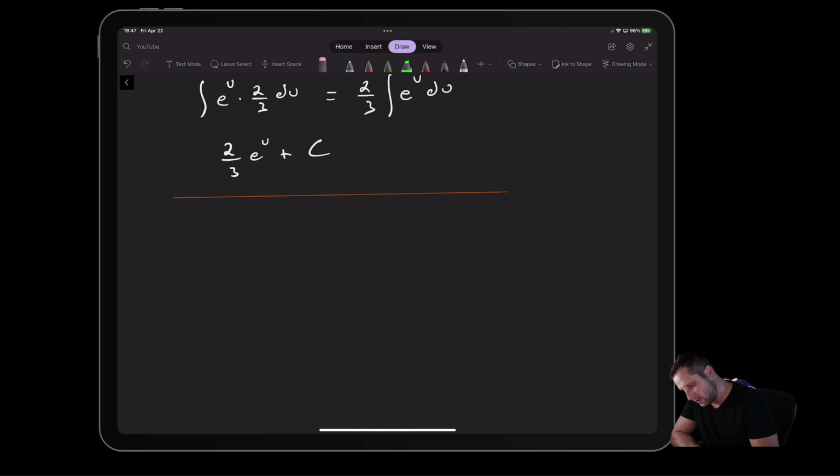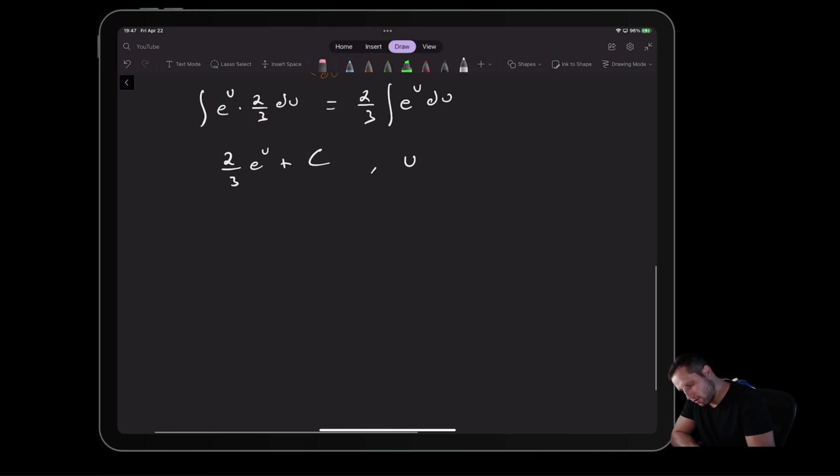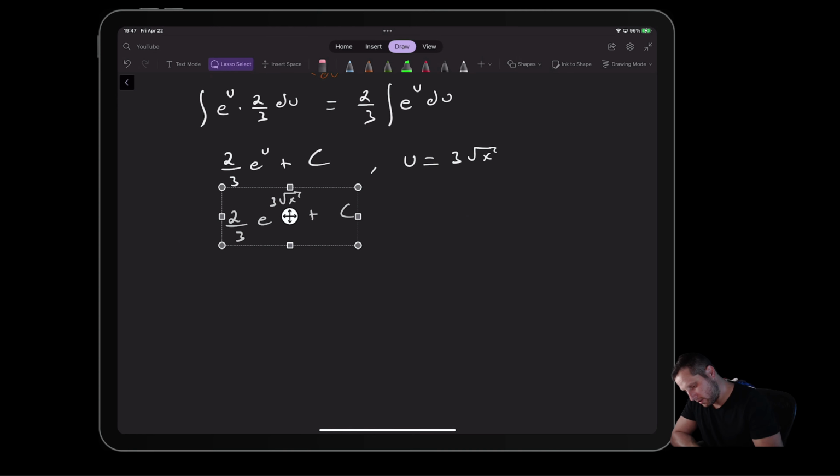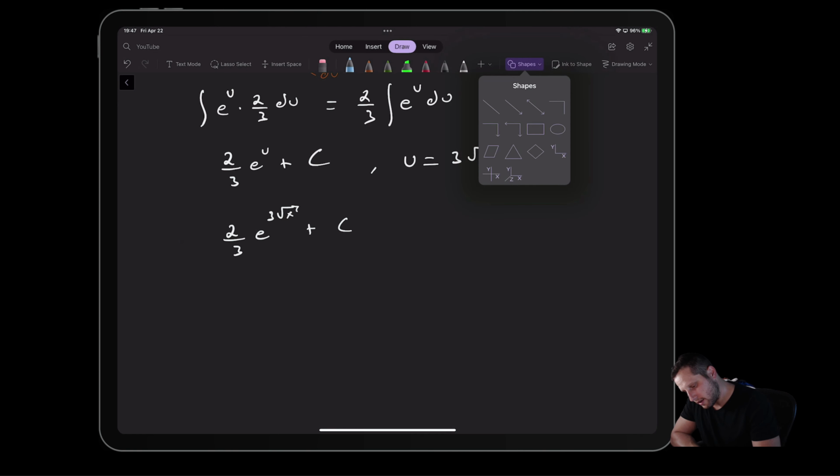I almost messed that up. So we have to go back in and back sub for our u is equal to 3 square root of x. So then we end up with 2/3 e to the 3 square root of x plus c. And that is going to be our final answer for our indefinite integral.